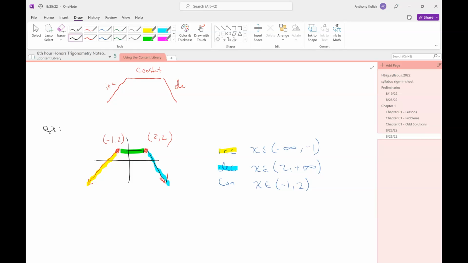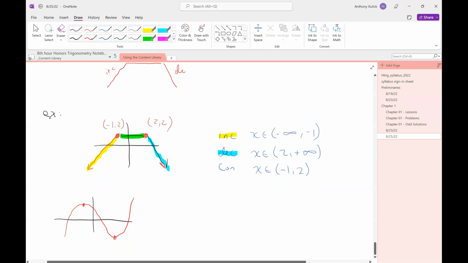So associated with intervals of increasing and decreasing, let's say we have something like this. Notice that here the graph is increasing, and then it changes to decreasing. This point where we change from increasing to decreasing has a special name. What is this point called?